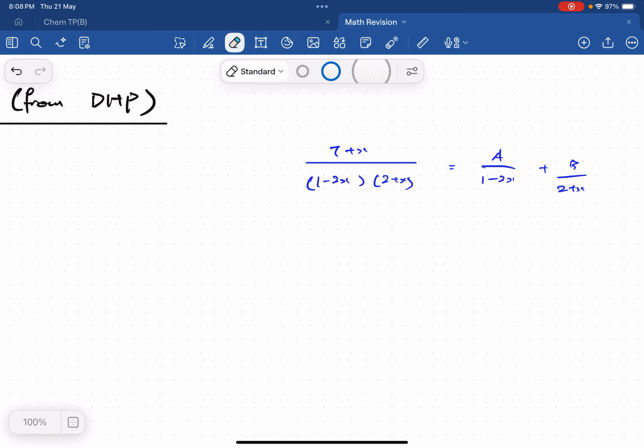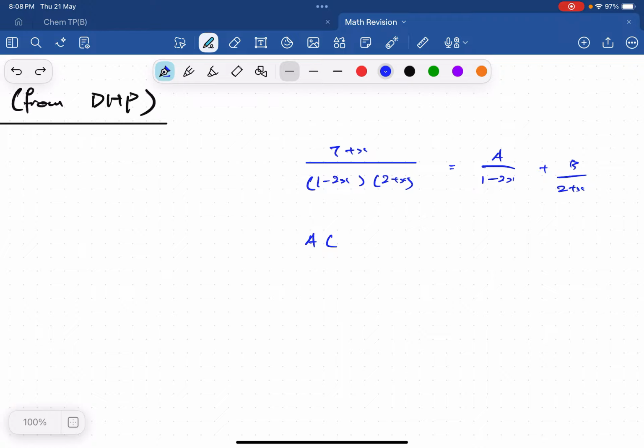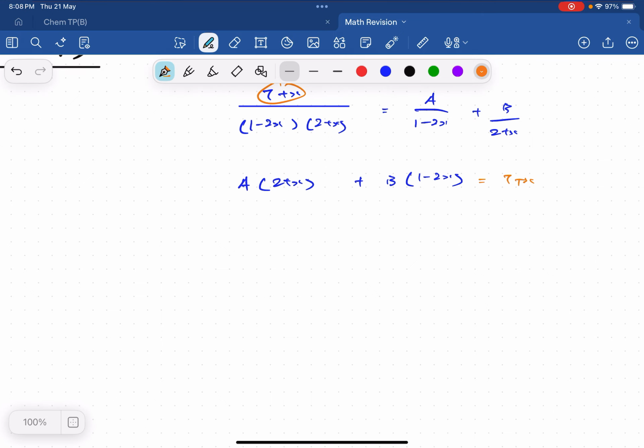But we know by cross multiplication that A times 2 plus x plus B times 1 minus 2x will give you what's on top here, 7 plus x, sorry. So that's basically how you do your partial fractions.